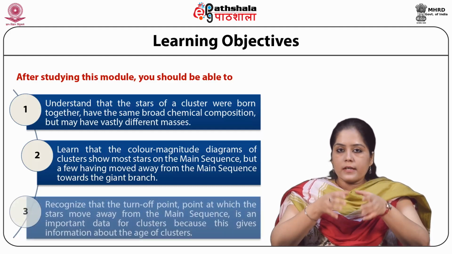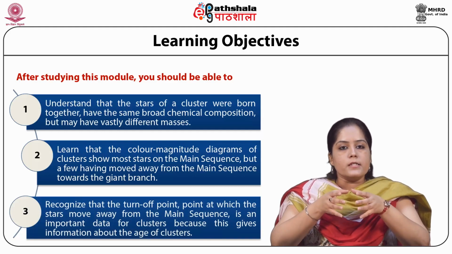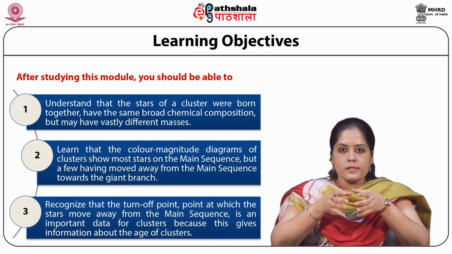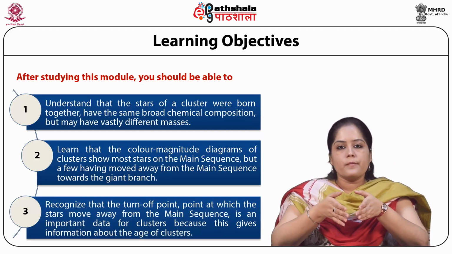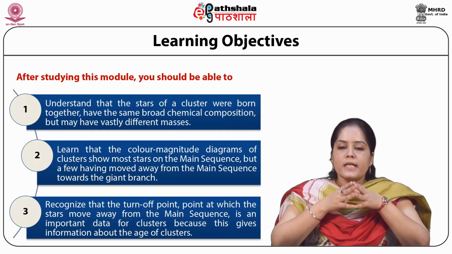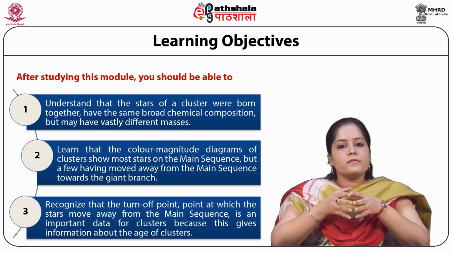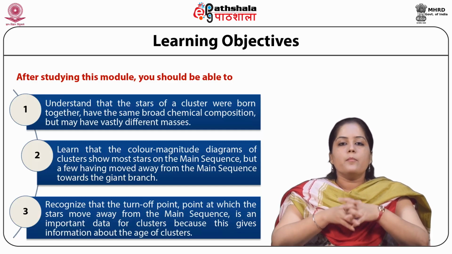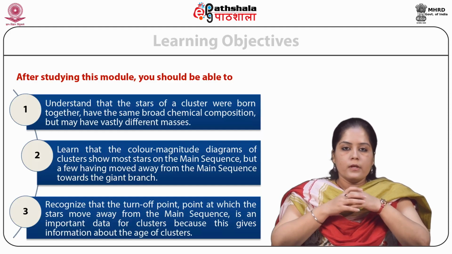You will be able to recognize that the turn-off point, the point at which the stars move away from the main sequence, is important data for clusters because this gives the information about the age of clusters.